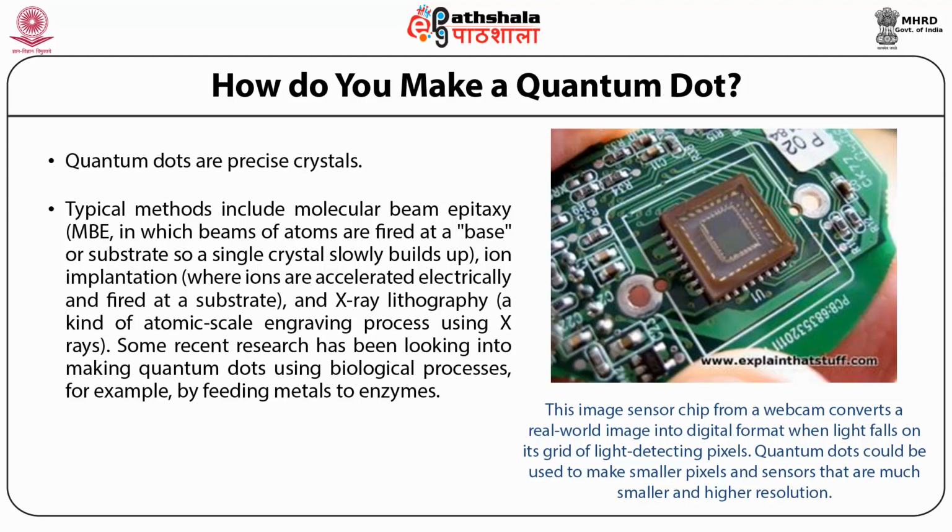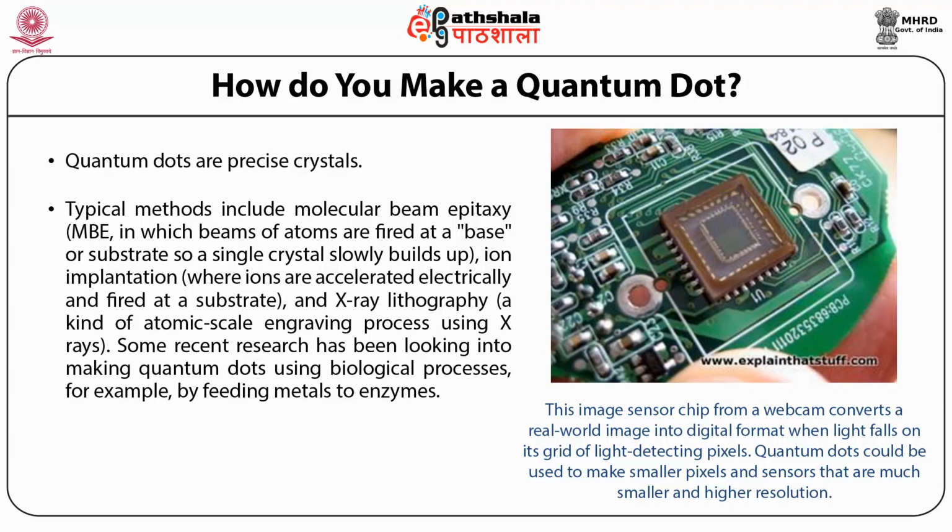Another technique is ion implantation, where accelerated ion beams are incident onto the substrate. The next one is X-ray lithography, which uses atomic scale engraving with X-rays to produce the desired structures.